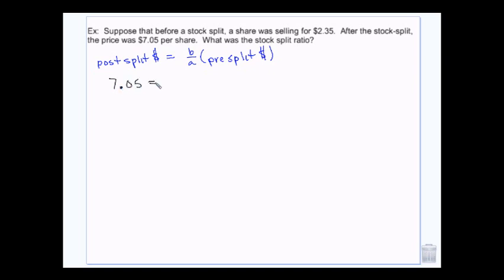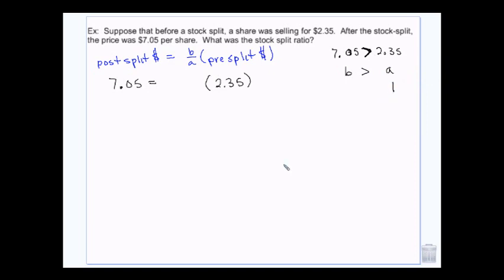And we know that the pre-split is 235. 705 is greater than 235. This is B. This is A. B is greater than A. We're going to say that A is 1.